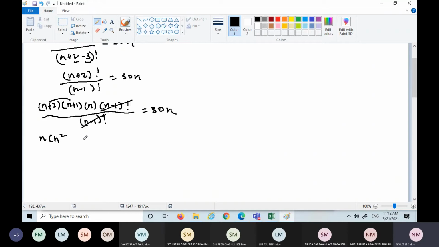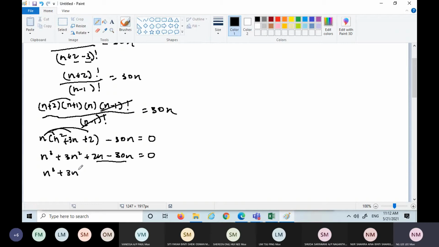So n squared, 2 times 1 is 2, 2n and 1n altogether 3n positive, minus 30n, moved to the left-hand side, equals 0. Then expand n: n cubed, then 3n squared, then 2n, then minus 30n. Combine: 2n minus 30n is negative 28n.